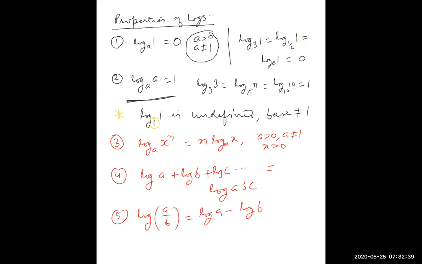This property is known as the product rule, you can call it. This is the quotient rule. In the quotient rule, division is converted into subtraction.